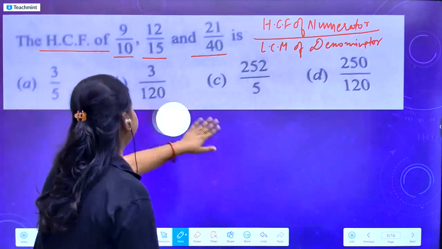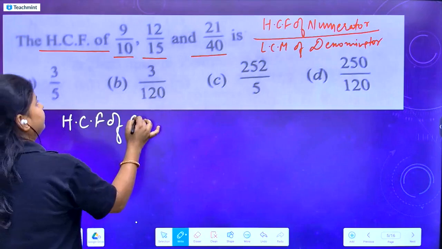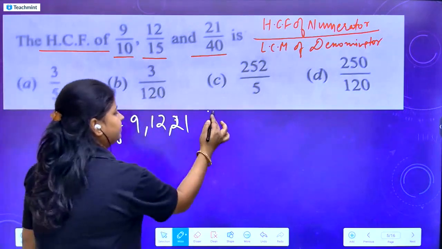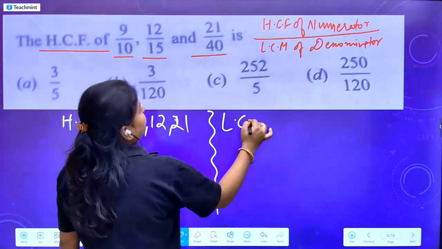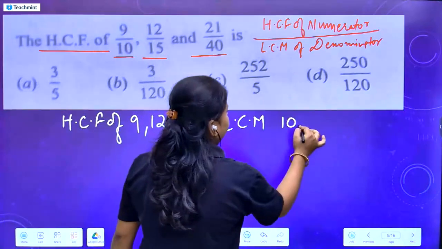HCF of 9, 12, and 21. And LCM of what? LCM of denominators, that is 10, 15, and 40.